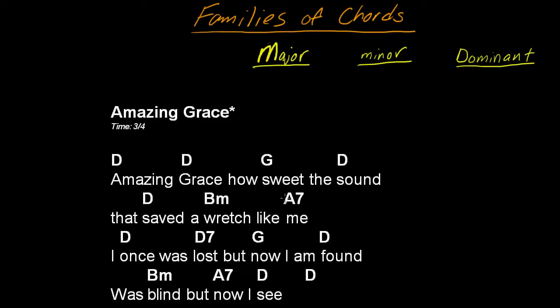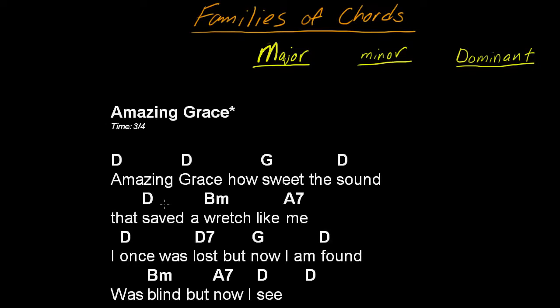And then we run into this A7. Well, seventh chords are dominant chords. They're very, very unique. We can talk for days on the theory of dominant chords, but we won't here because this lesson is just about learning how this is true, that there's three families of chords.